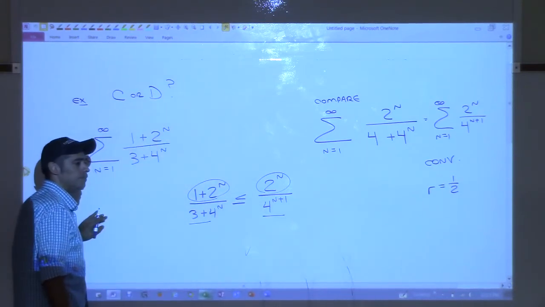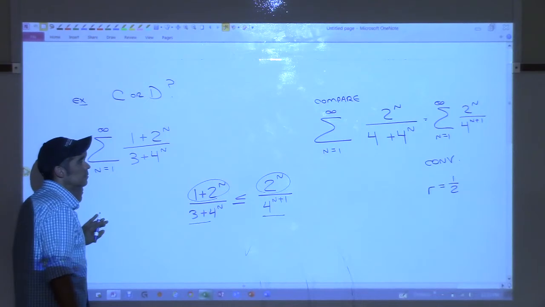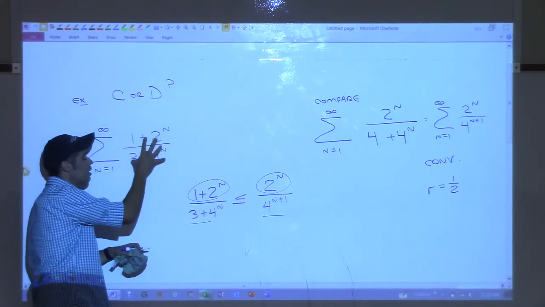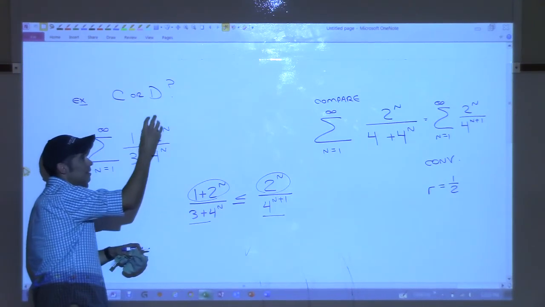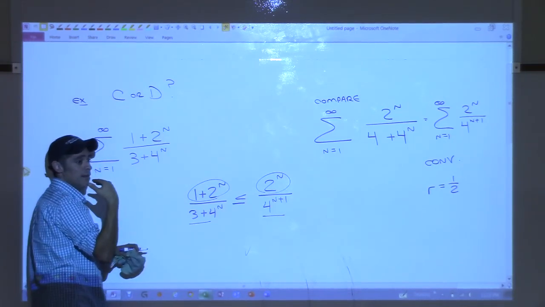Can you tell me again how this one correlates with this one? Like how you got to the 2 to the n over 4 to the n plus 1, and how you were able to extrapolate that from the original series? Again, we're trying to see what this looks like that I can actually compare to that would be something I know, right?